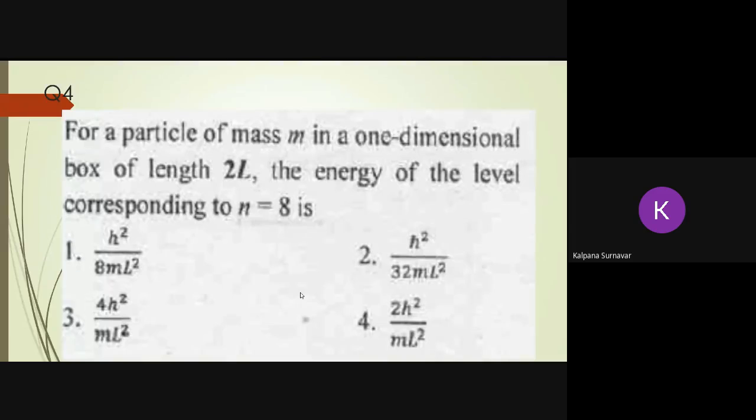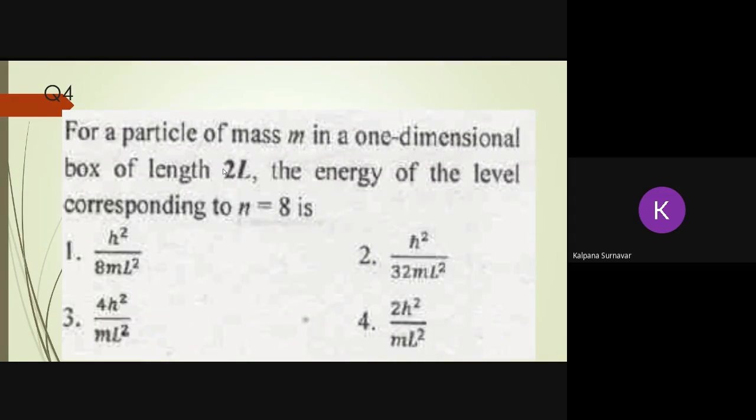Now, the next question, which is based on the Schrödinger equation from quantum chemistry. See, here is the question. For a particle of mass m in a one-dimensional box of length 2L, the energy level corresponding to n equal to 8 is given.